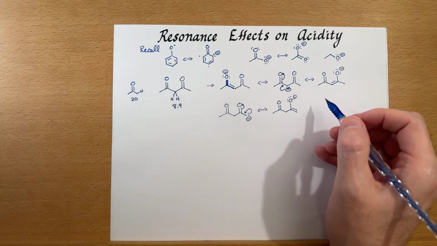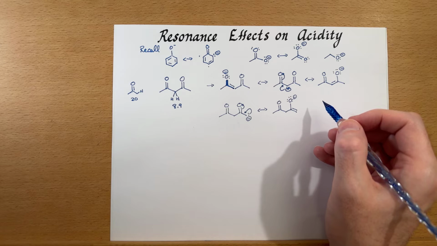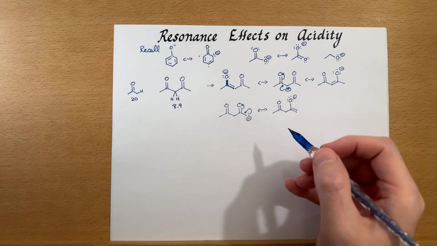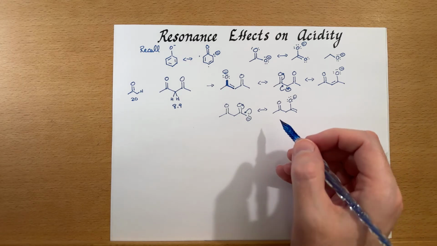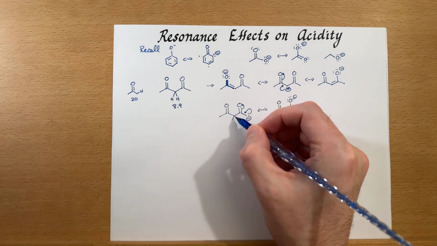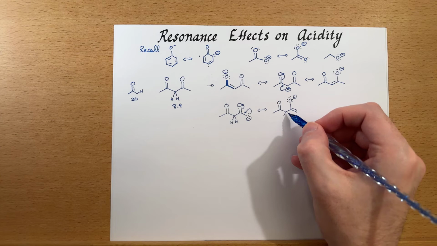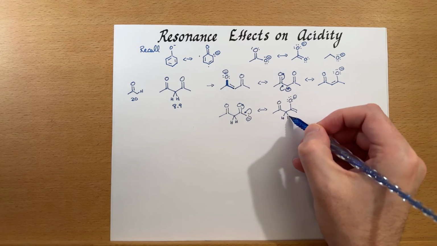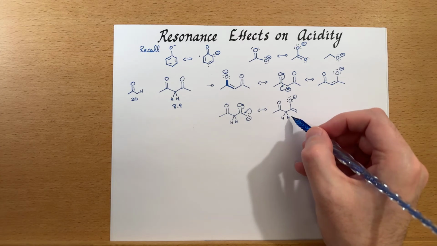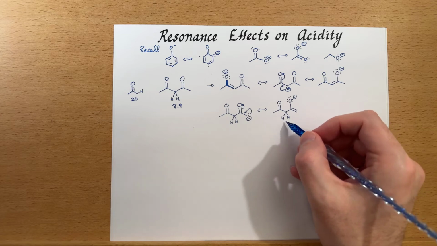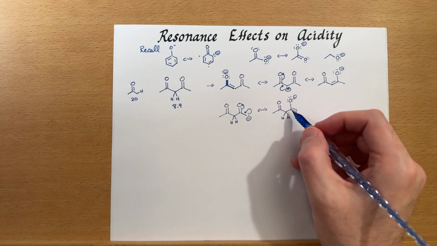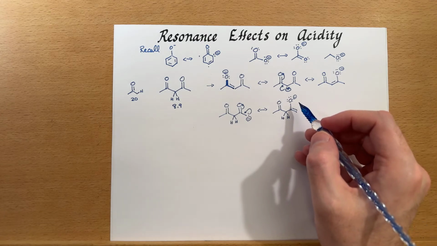Now, it might look like we could, but remember, when we're drawing resonance structures, we cannot move atoms. And one of the things that I didn't draw in because I was using line structures is these 2 hydrogens. So we cannot remove those hydrogens just by drawing a resonance structure.